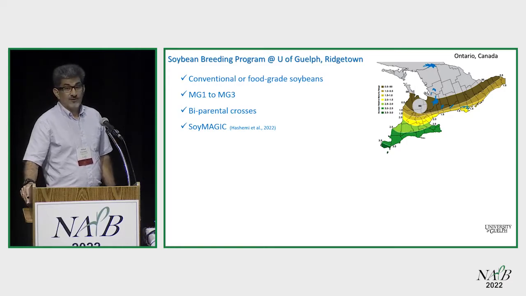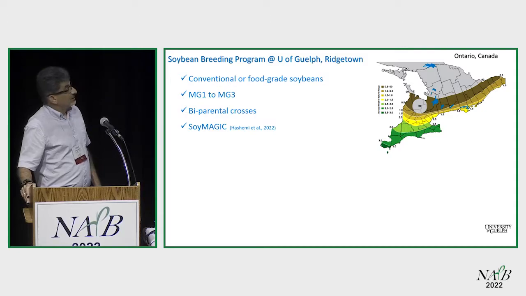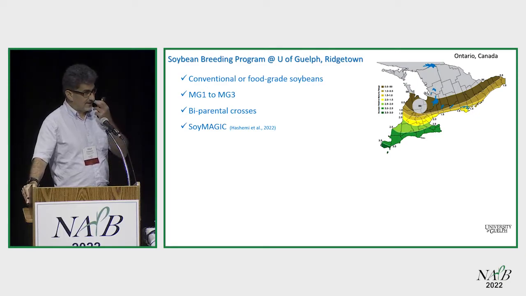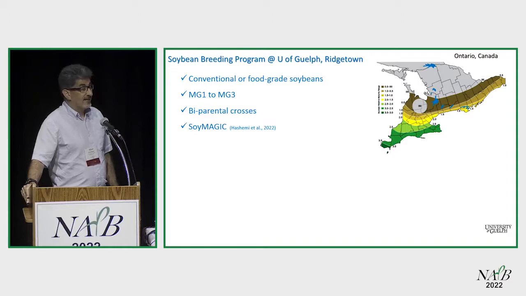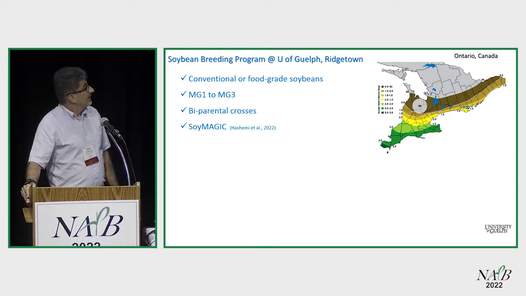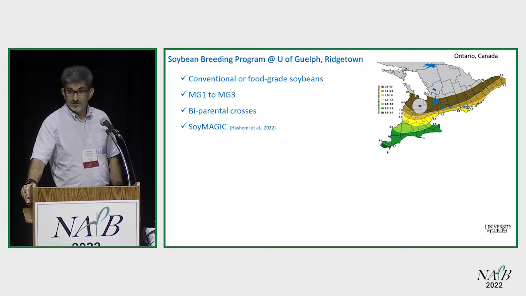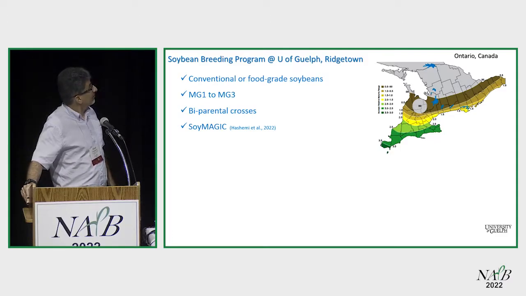For those not familiar with MAGIC, it means multi-parental advanced generation intercross, with 8 founders that we use. It has over 1,000 recombinant inbred lines, and over 700 are genotyped. The goal is to make the population available to soybean researchers in the next couple of years.